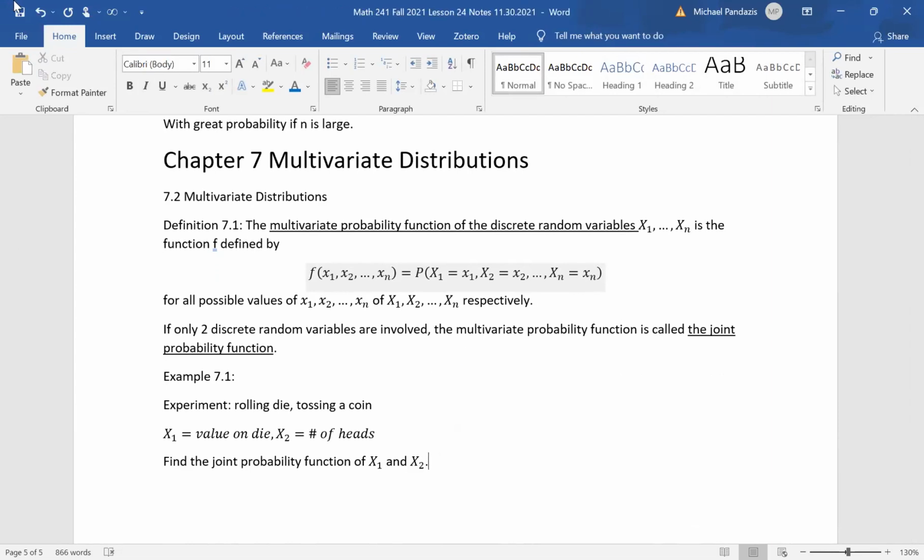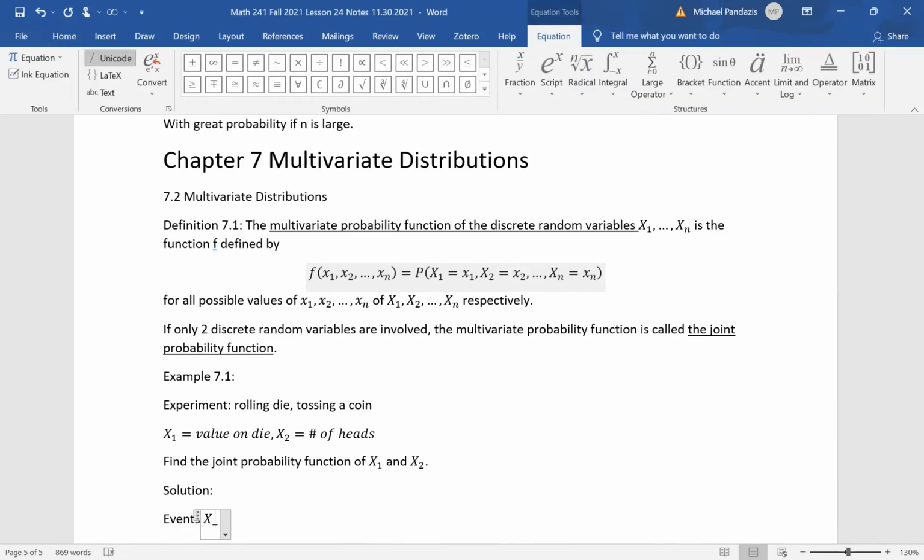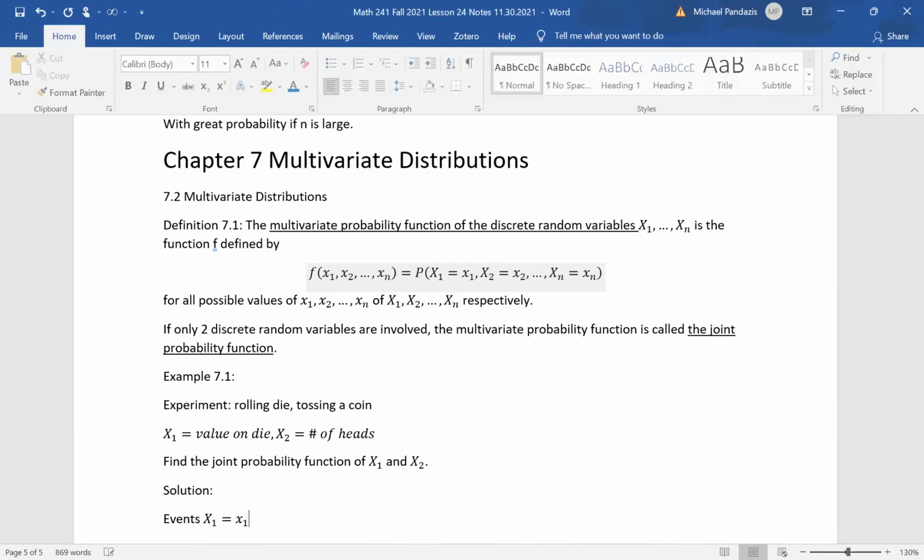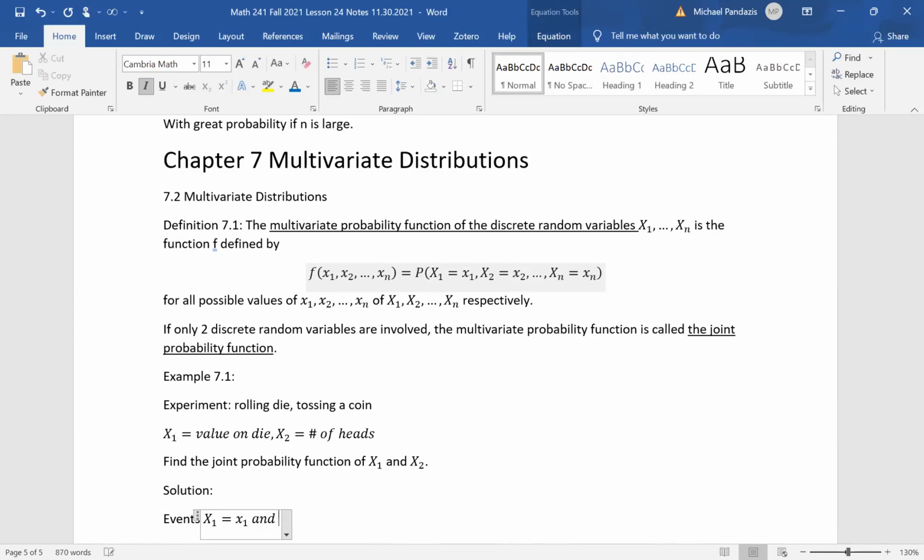Okay, so we want to find the joint probability function of x1 and x2. First, the events x1 is equal to some value little x1, and x2 is equal to another fixed value little x2.